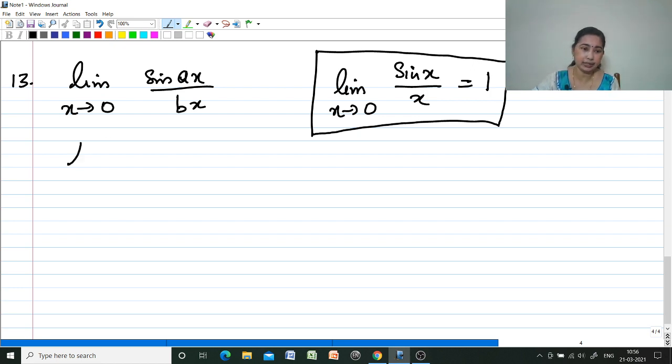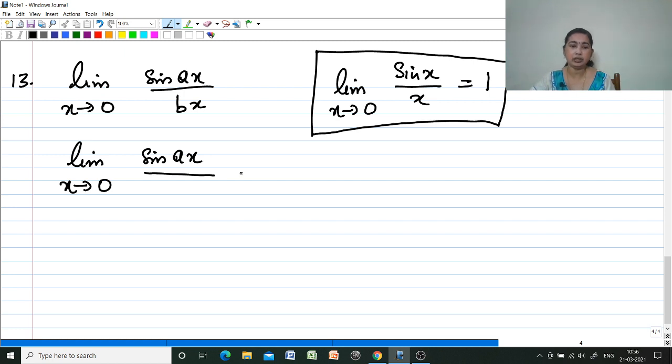We can write this as limit x tends to 0, sin ax is in the numerator, and in the denominator, if an a comes, then only we can apply the limit. So I am putting an a here, and bx is already there.